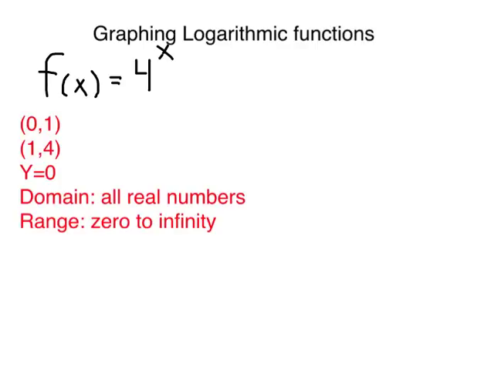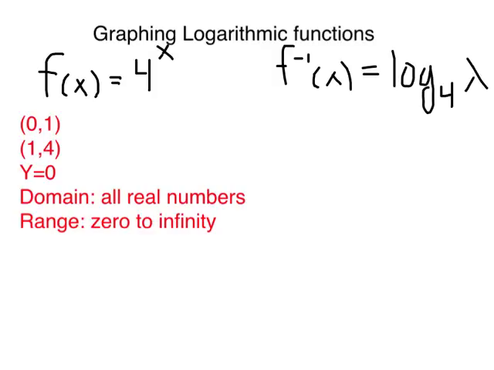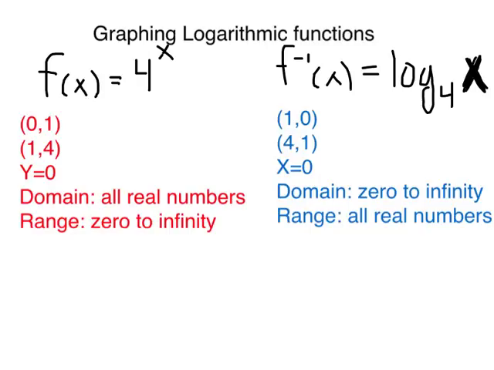So let's say I have f inverse of x equals log base 4 of x. So the point 0, 1 on the exponential function becomes 1, 0 on the inverse, which is log base 4 of x.